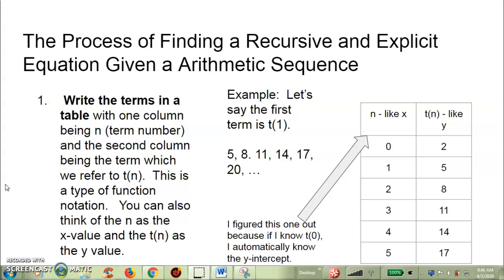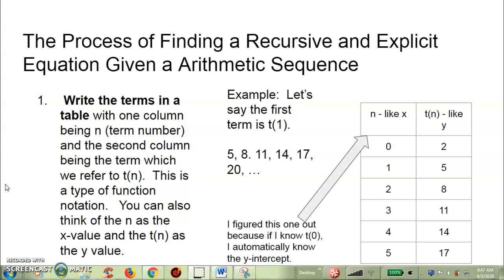All right, note the arrow. I should be pointing to the 0. I purposefully found t of 0. It says in the instructions that 5 is t of 1, but I found 0 because if you know 0, you automatically know the y-intercept.